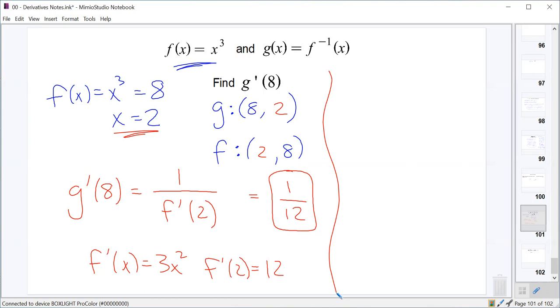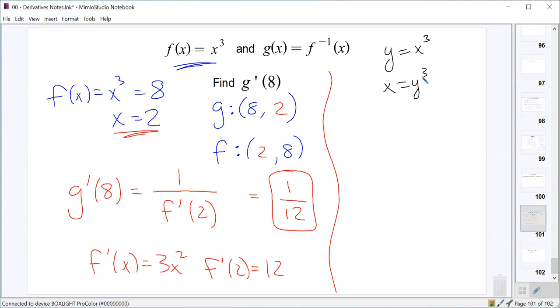Now, if we really wanted to, we could go about finding that inverse function just to make sure this is right. We know that y is equal to x cubed is our f of x function. So we would exchange the x and the y values to give ourselves x is equal to y cubed.